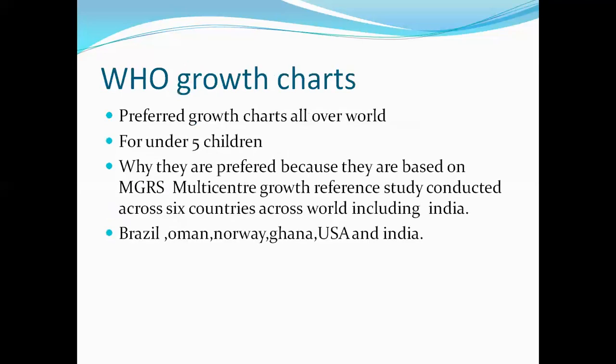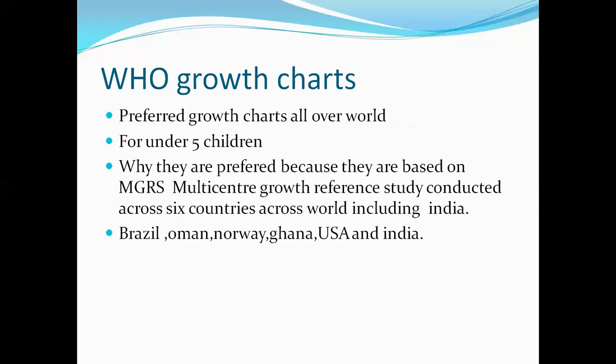WHO growth charts are the preferred growth charts all over the world, but mainly for children under 5. They are preferred because they are based on MGRS, that is the multi-centric growth reference study, that was conducted across 6 countries.